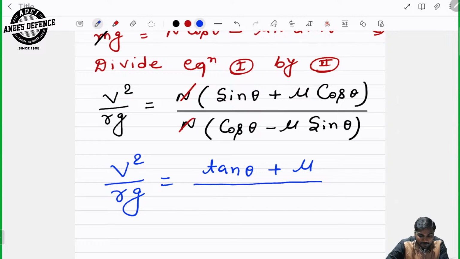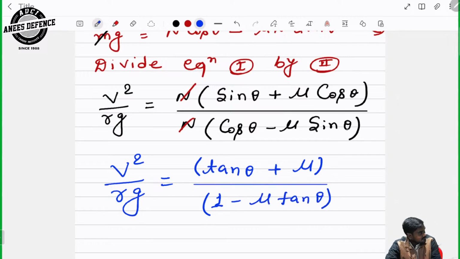Again in the denominator, cos theta by cos theta is 1, minus mu sin theta by cos theta, mu tan theta. Yes or no? Sin theta by cos theta is equal to tan theta.